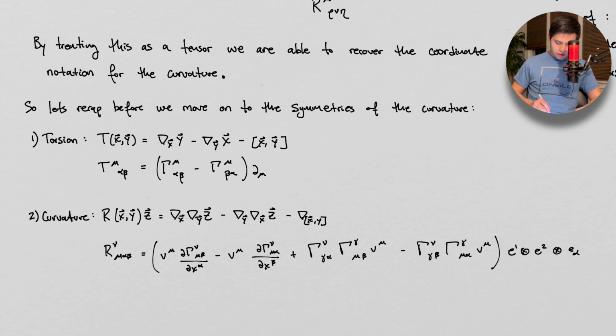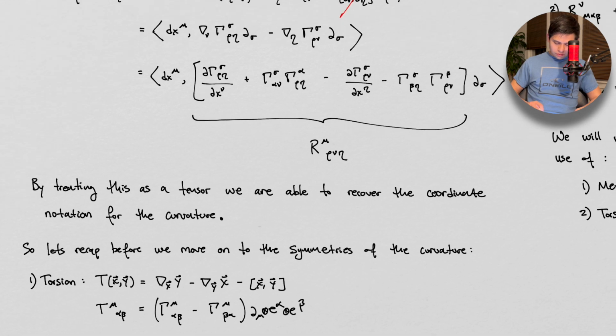Here, we just have one. This actually is not just one, right? Because this has to be E alpha and E beta. That gives us the components for our torsion tensor.